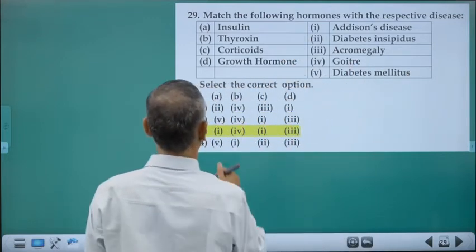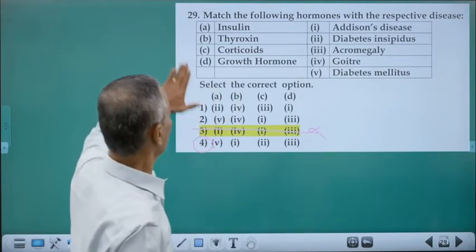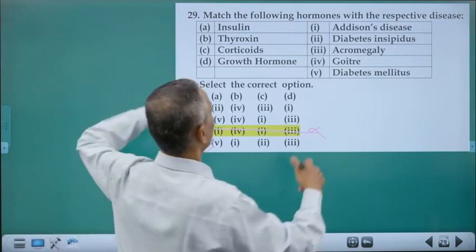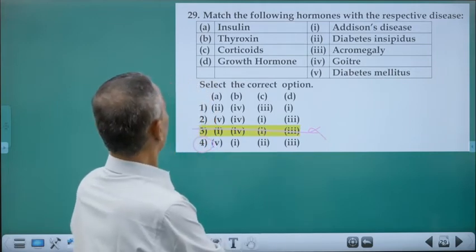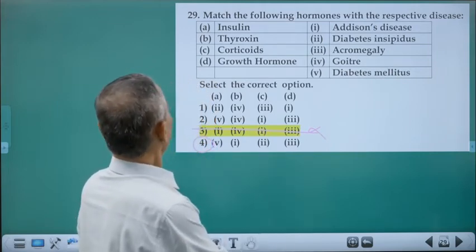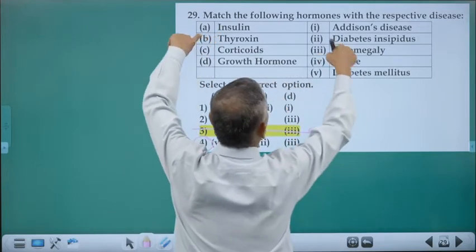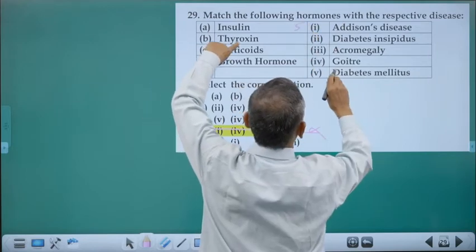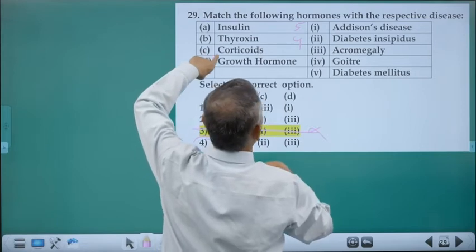Option G is not this one. Thyroxine deficiency causes goiter. So here you will have a confusion. Insulin should be diabetes mellitus, and thyroxine deficiency will result in goiter.